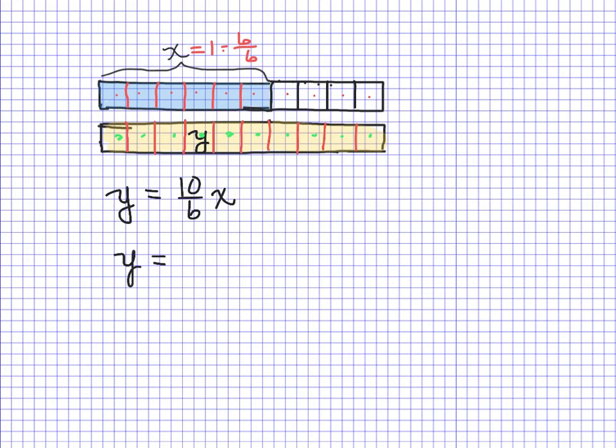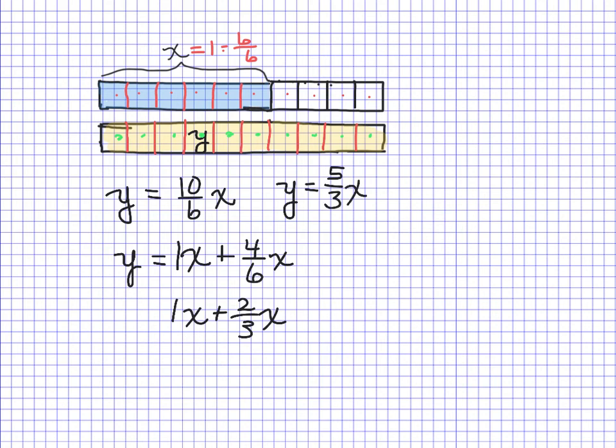Or, again, we could say the whole x, 1 whole x, plus 4 extra sixths of the x. Now we could simplify that down. 1x plus 4/6 and 2/3 are the same thing. Or y equals 10/6x is the same as 5/3 x.